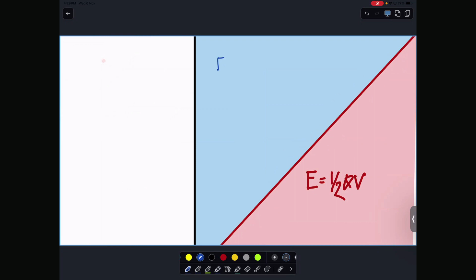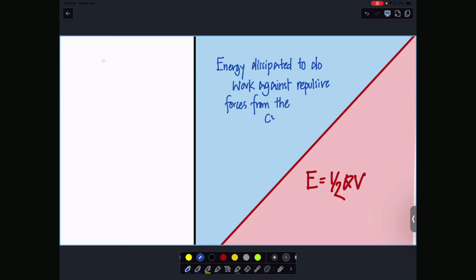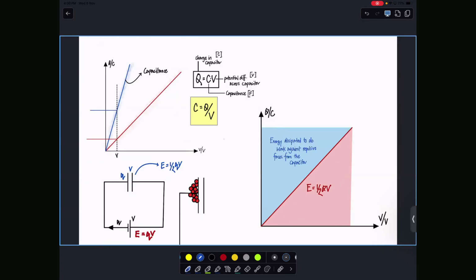Okay, so energy dissipated due to repulsion, right, so that's exactly half.